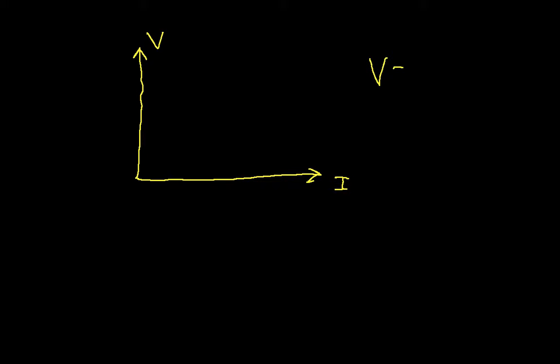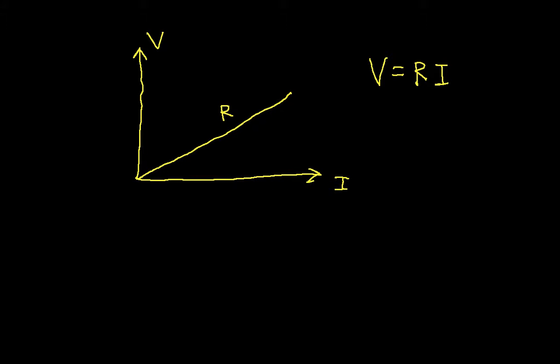And we've said that the voltage is proportional to the current, and the proportionality constant is the resistance. So what this means is that the relationship between current and voltage of a resistor can be drawn with a straight line graph, and the slope of this line is the resistance R.